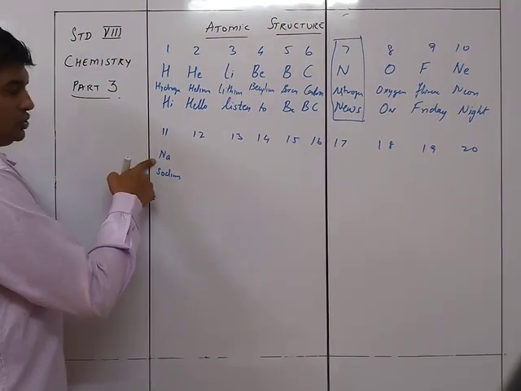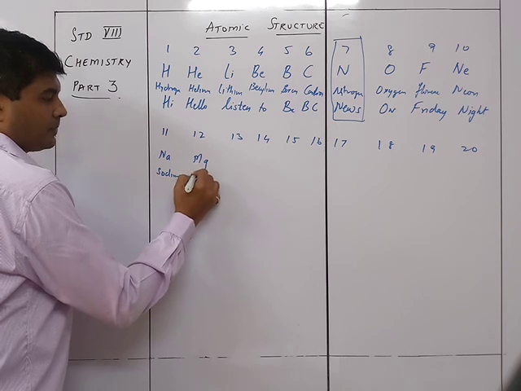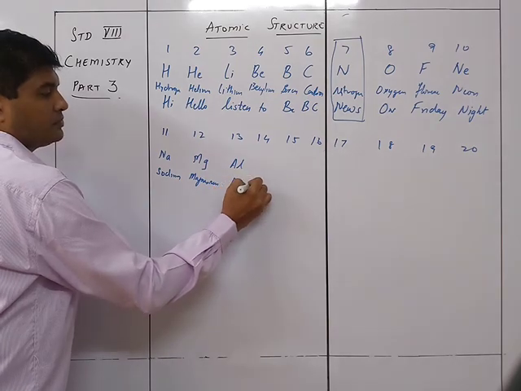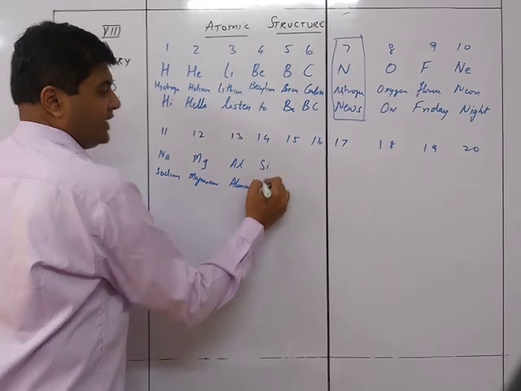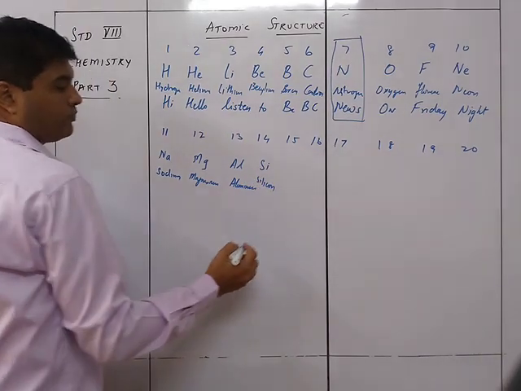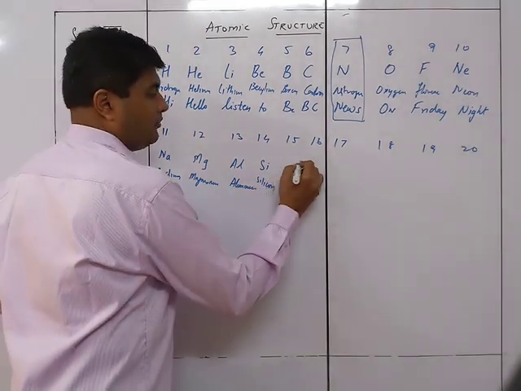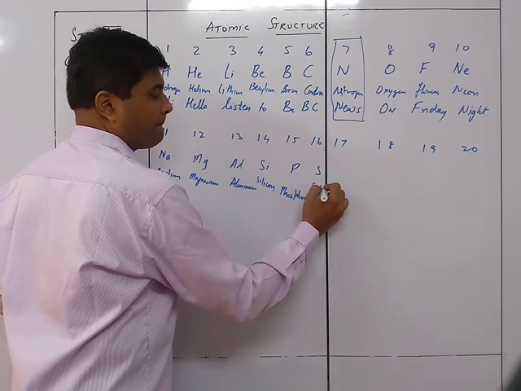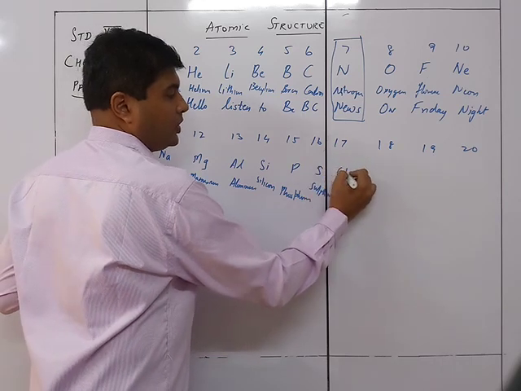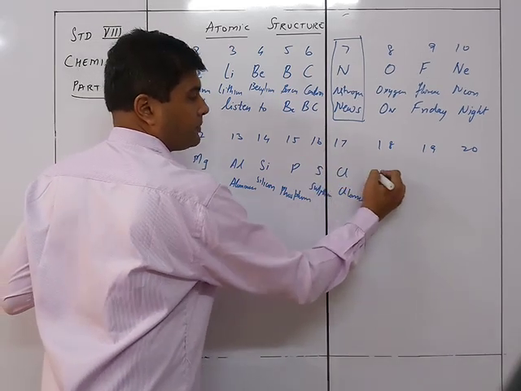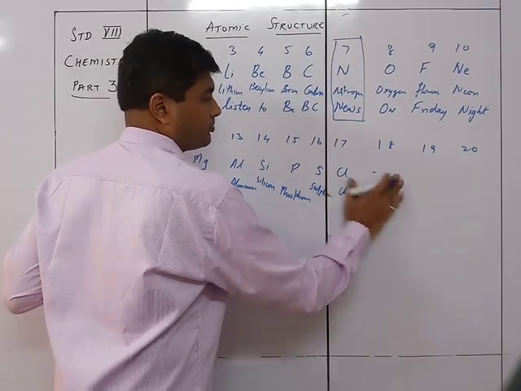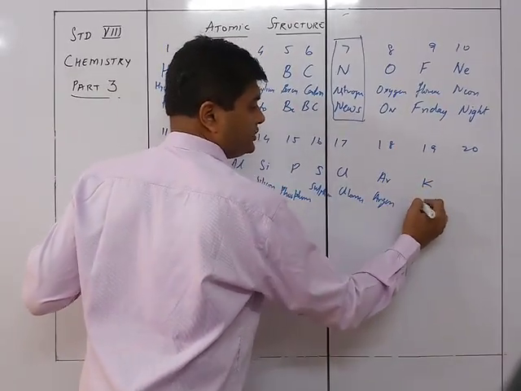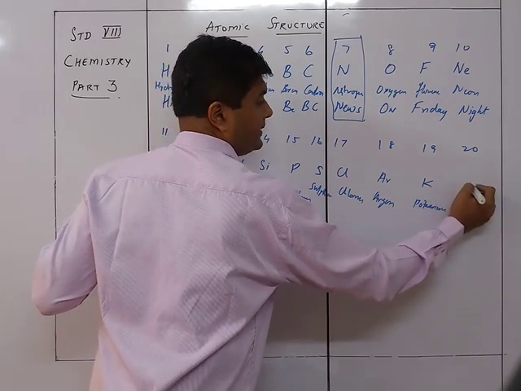Over here is sodium, magnesium, aluminium, silicon, phosphorus, sulfur, chlorine, argon, K is potassium, and then it is calcium.